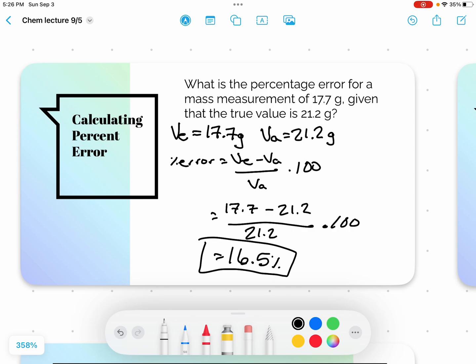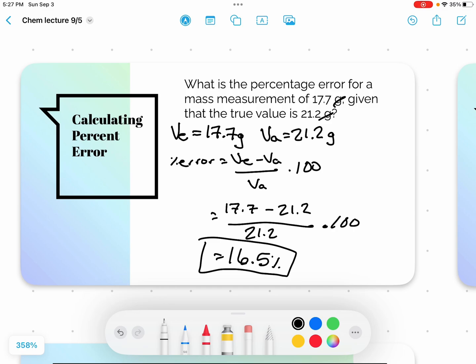So there's no grams, there's no meters, liters, whatever. You just cross off your units, and then you're left with just a percentage. So 16.5% error. Overall, that's not horrible. It's not great, meaning there's solidly something that happened in there, whether your scale's off, whether maybe you didn't read the measurement quite close enough, maybe there was leftover chemicals, or something was wrong there that caused a 16% error.